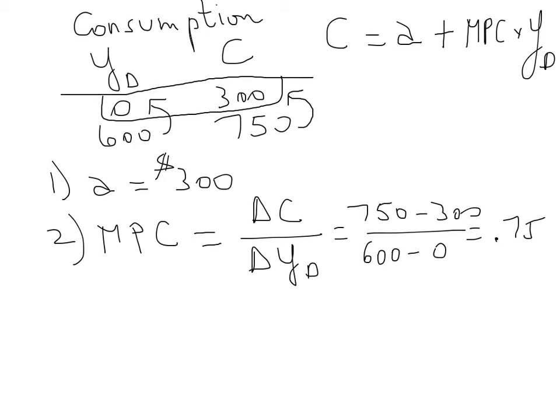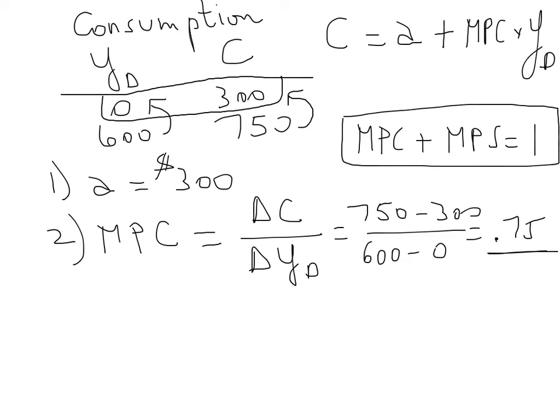What does it mean that my MPC is 0.75? It means that for every extra dollar I make, I consume 75%, which is 75 cents, and I save the rest. Because we know that MPC plus MPS has to add up to 1. That's one of the formulas you have in the PowerPoint, so by this time you should know that. Everything that I make, I either consume or I save.